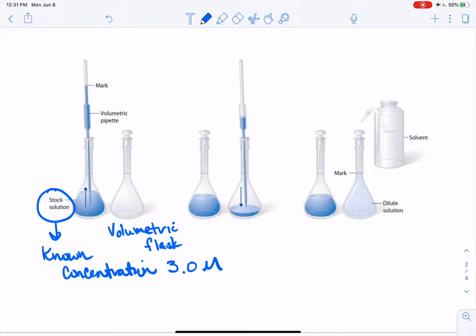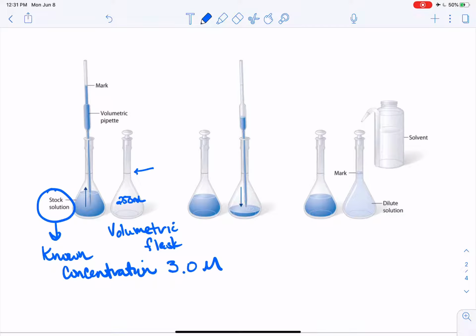So say we want a volumetric flask that's 250 milliliters because we want our final volume to be 250 milliliters. We'll go into the stockroom and we'll find one of those. And it has a little mark right there. And when the meniscus hits that mark, we know that we've got 250 milliliters in for our final volume.